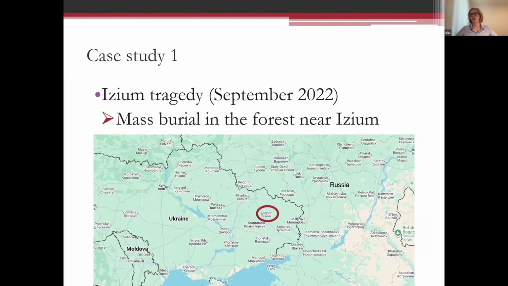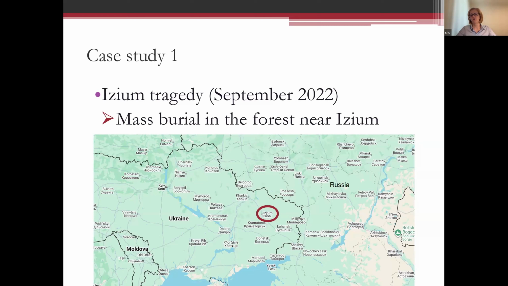Let me offer two case studies of two different cultural symbols. I look at these cultural symbols through the interpretation within Ukrainian linguoculture. The first one is the cultural symbol of the cross, which is now symbolically associated with the Izium tragedy.